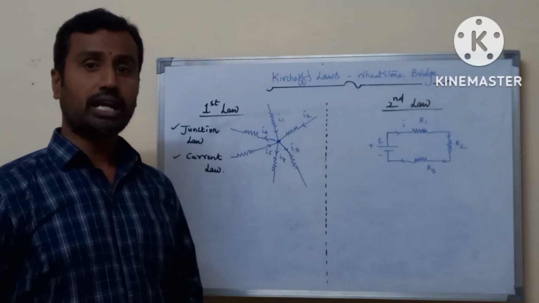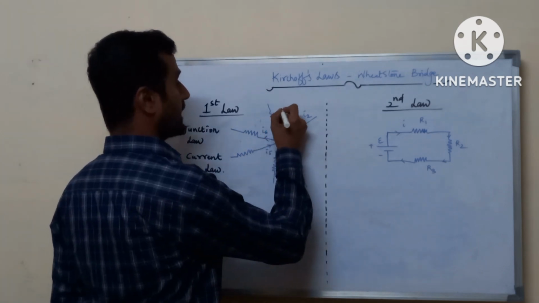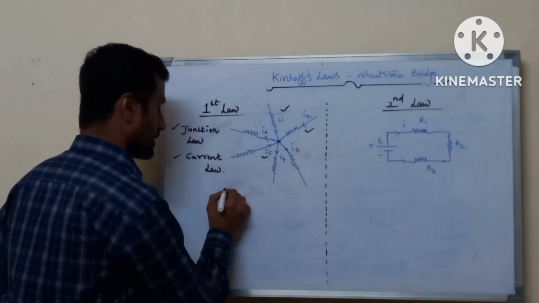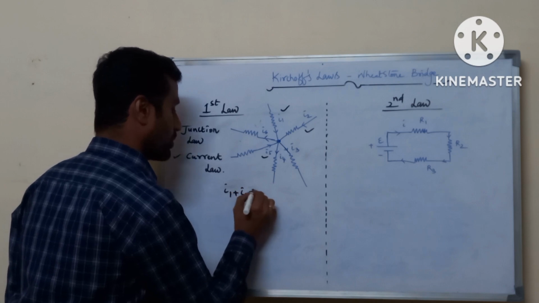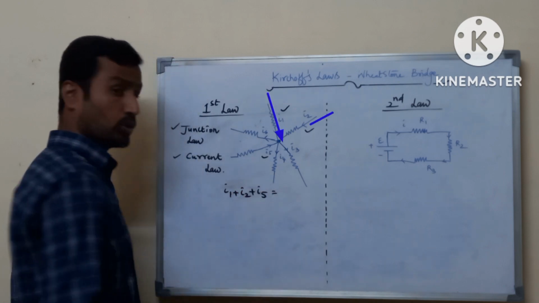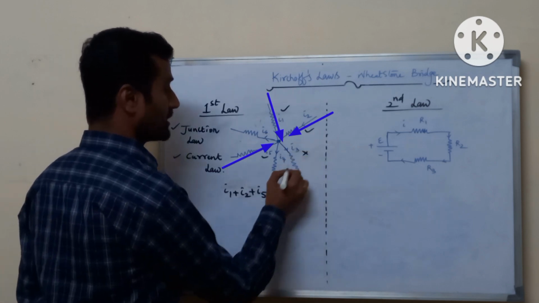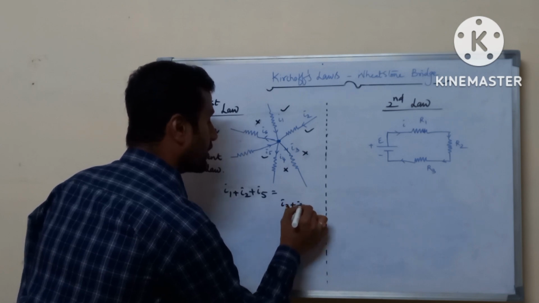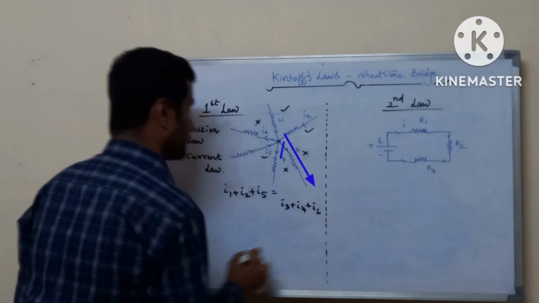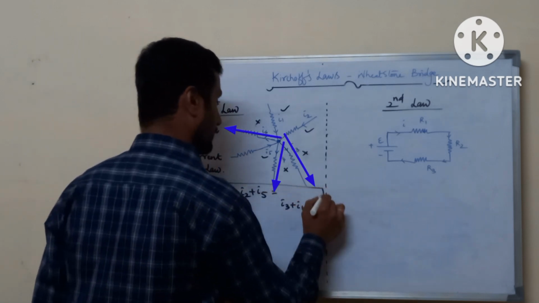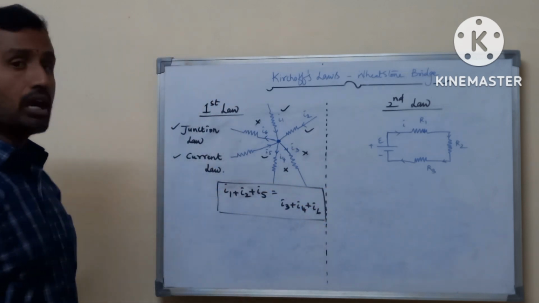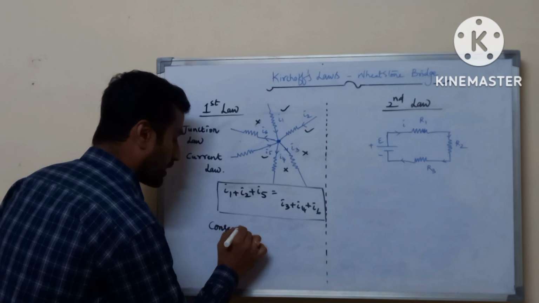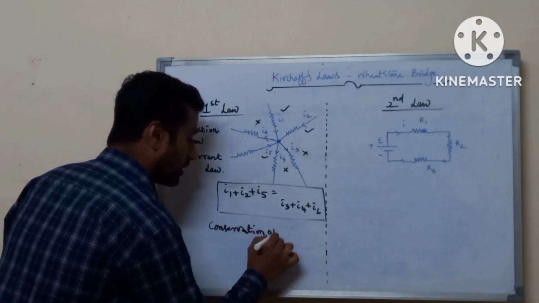Kirchhoff first law states that the sum of currents entering the junction, that is I1 plus I2 plus I5, is equal to the sum of currents leaving the junction, that is I3 plus I4 plus I6. In the first law, conservation of charge follows.